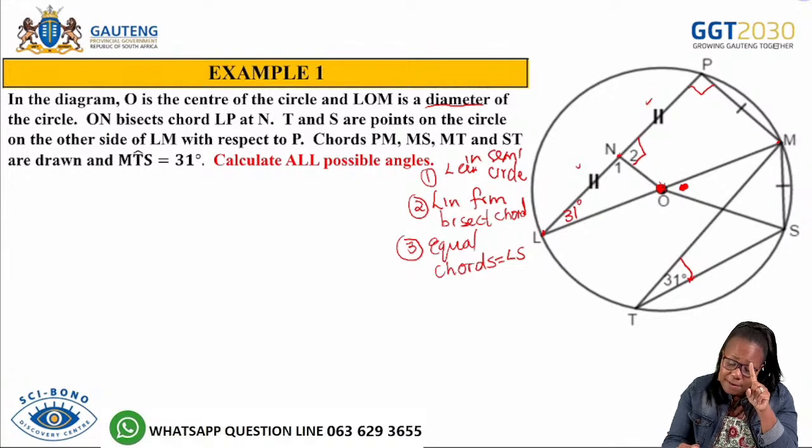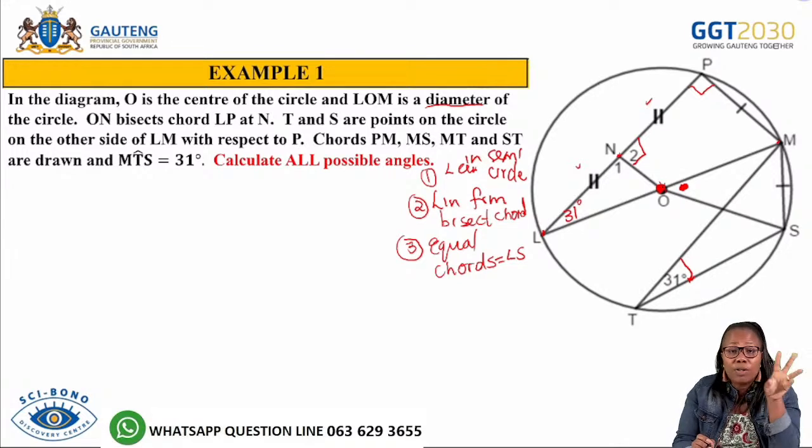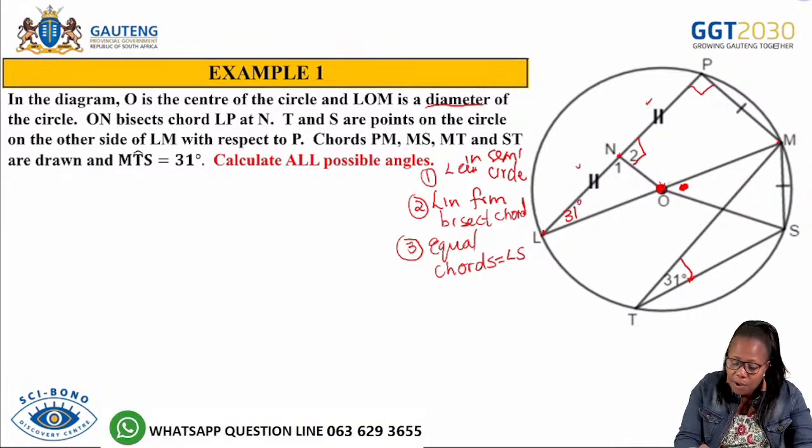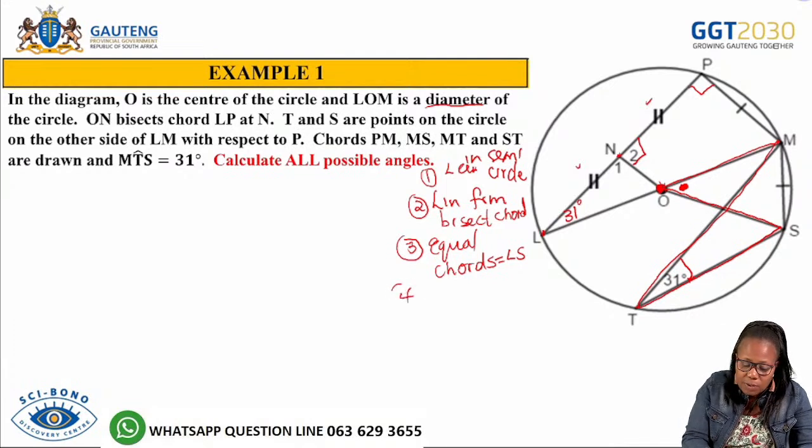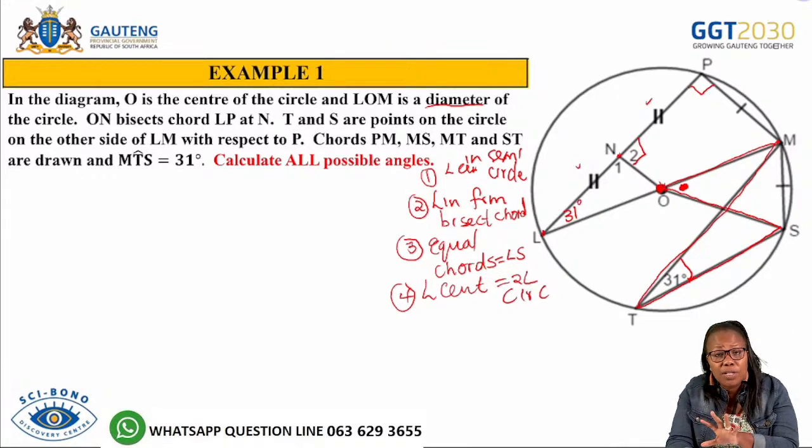Okay, do I have any angle at the circumference in relation to that one? You check those diagrams. Remember, we have 4. Yes, we do have. Look at that one. It is giving us the circumference angle. That means angle at the center twice angle at the circumference is also applicable for this particular diagram.